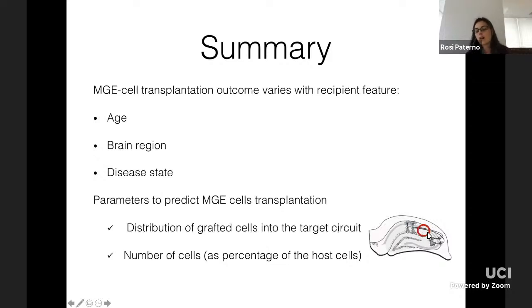So if the cells are going to be located in just one area, the protocols need to take into account, number one, how many cells I'm going to transplant, number two, how many injections I need to cover the area that I am going to study. And a single injection site will not work in that condition.